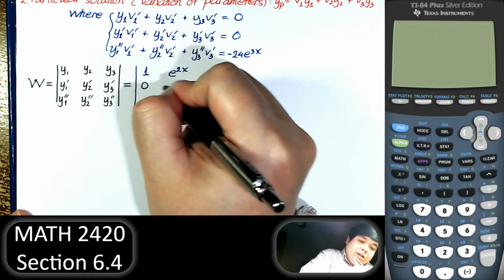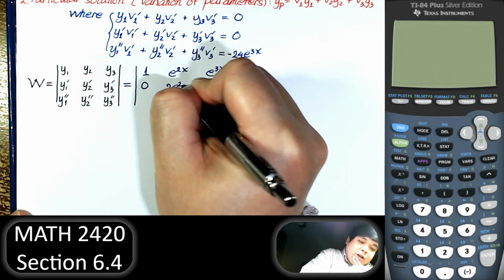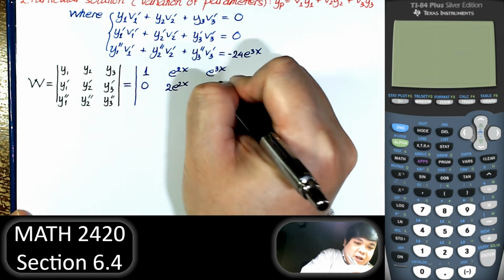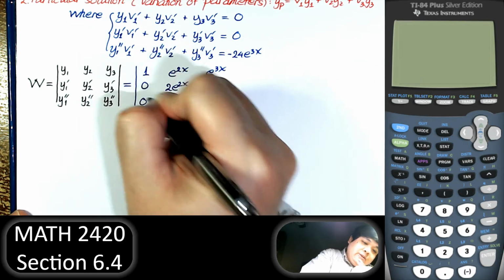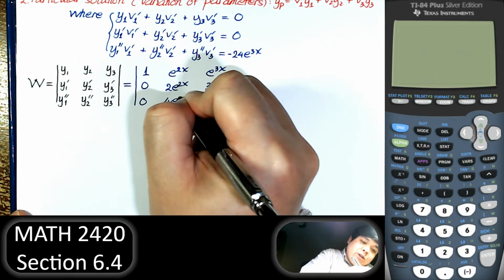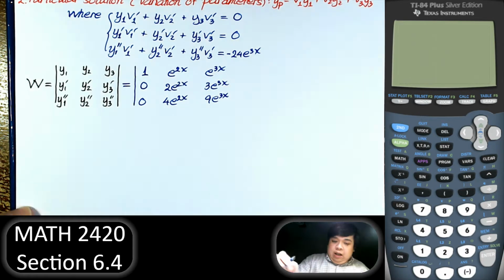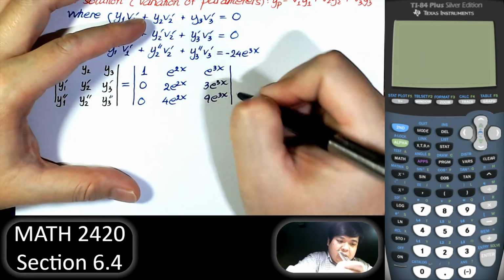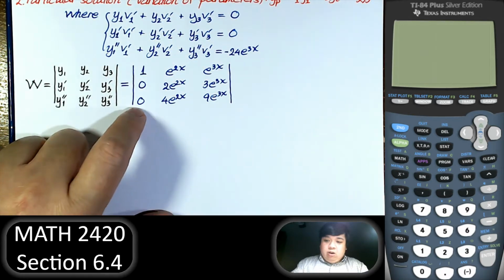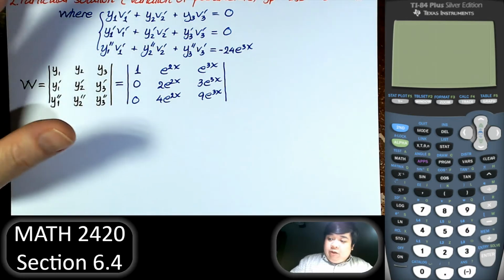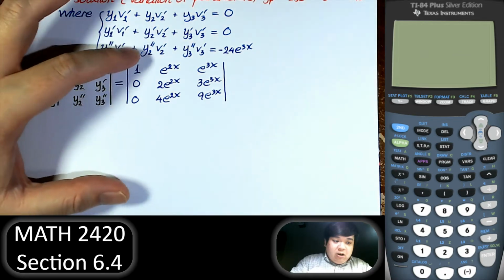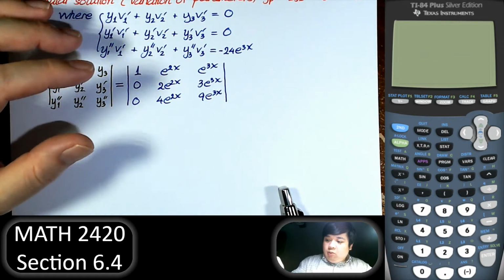Derivative: 0, 2e to the 2x, 3e to the 3x. Second derivative: 0, 4e to the 2x, 9e to the 3x. Now this is just a 3 by 3 determinant. Since we have 1, 0, 0, I will evaluate based on that first row.